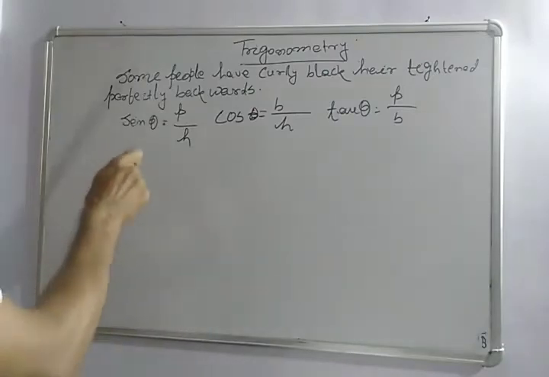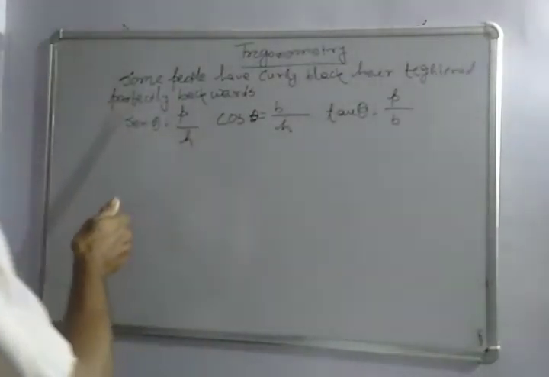Now the formula is like this: some people have curly black hair, tightened perfectly backwards.